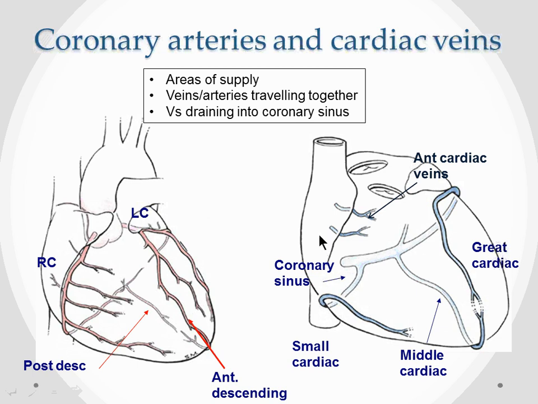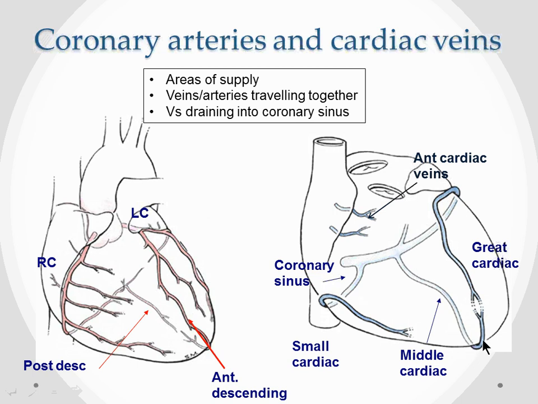This left great cardiac vein will turn around and drain into the coronary sinus. This coronary sinus opens into the right atrium. On the posterior aspect, traveling with this posterior descending or posterior interventricular artery is this vein called the middle cardiac vein. It's traveling with that and it also drains into the coronary sinus. So you can see that the coronary sinus is draining the great cardiac, and it's also draining the middle cardiac.